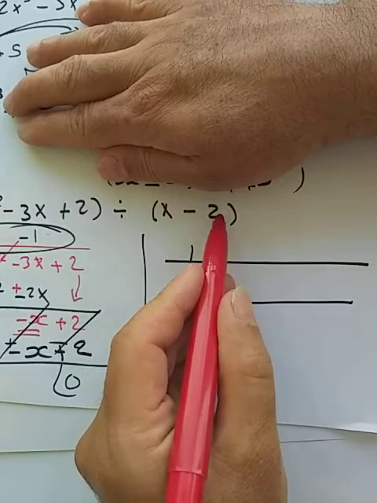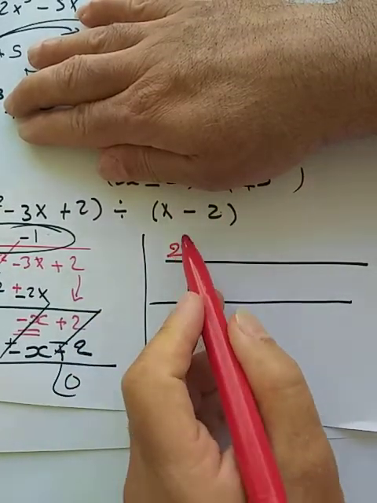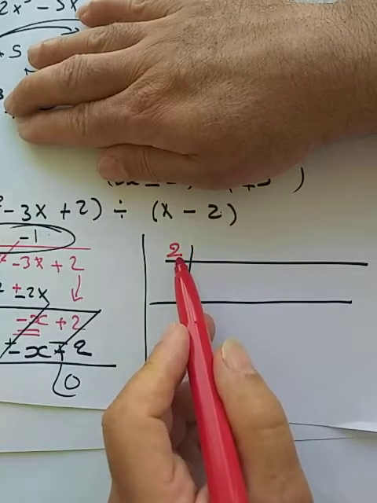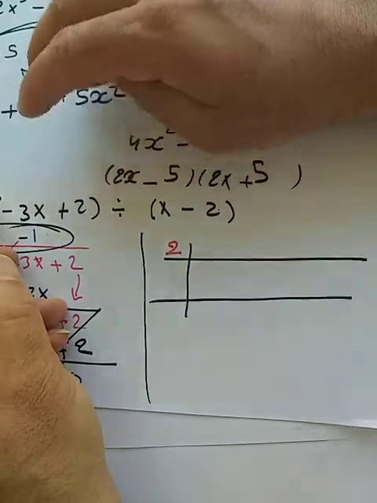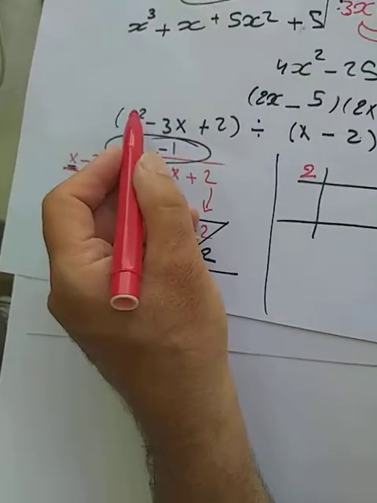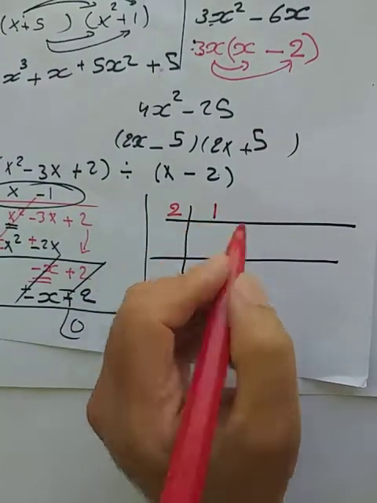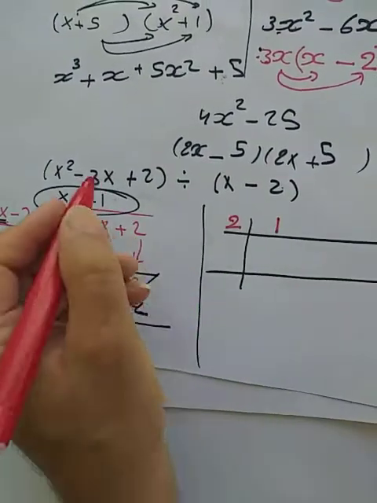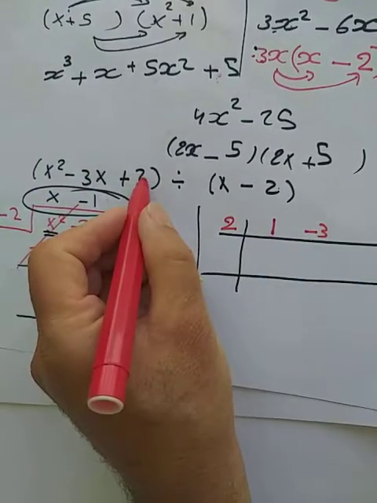You have x minus 2, you write 2 here. Negative 2, you write 2. Positive 2, you write negative 2. And the coefficient of x square is 1, you write 1. Then minus 3. Then 2.